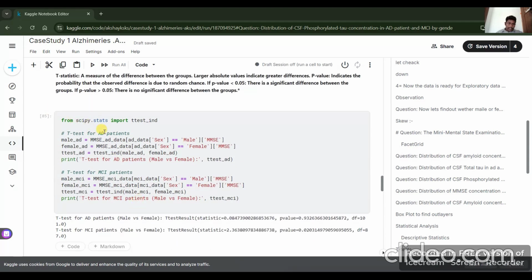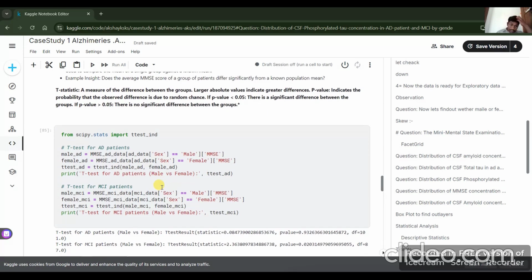Here, the t-test for Alzheimer's disease patients: we take the Alzheimer's disease data, with sex male MMSE and sex female MMSE, and run the t-test for males and females.